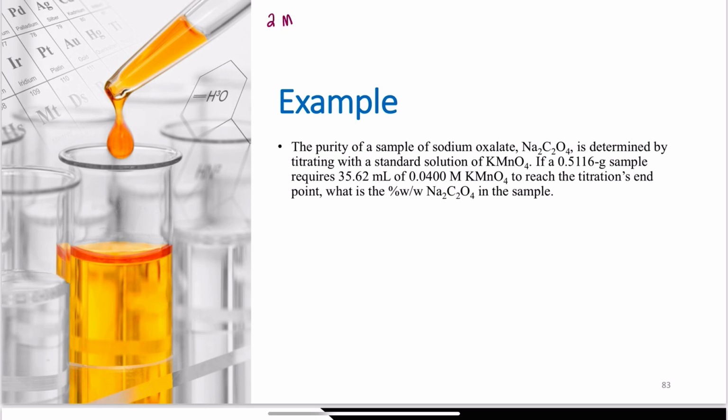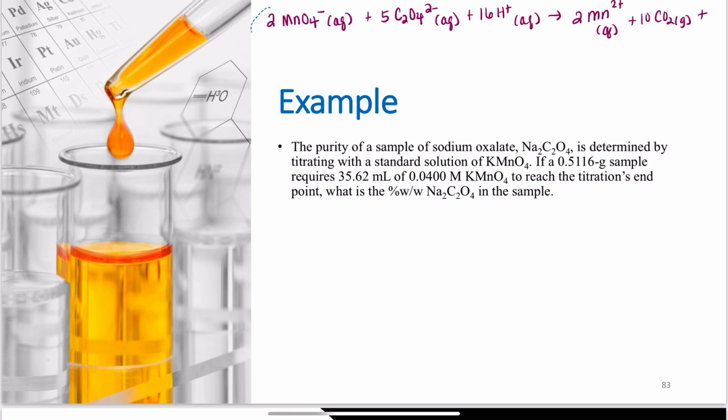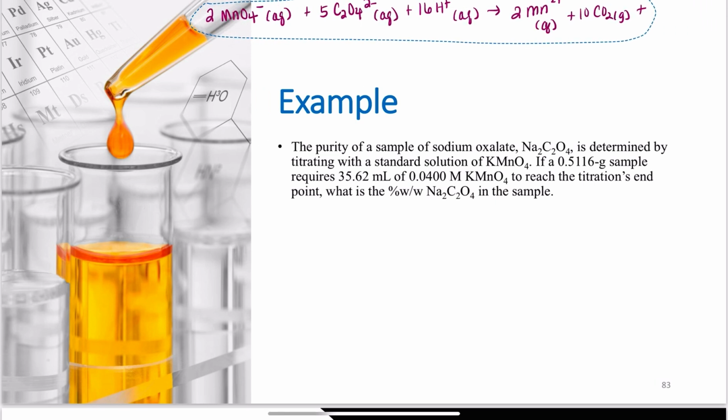I have 2 moles of permanganate reacting with 5 moles of oxalate and 16 moles of H plus to produce 2 moles of manganese ion, 10 moles of CO2, and 8 moles of water.